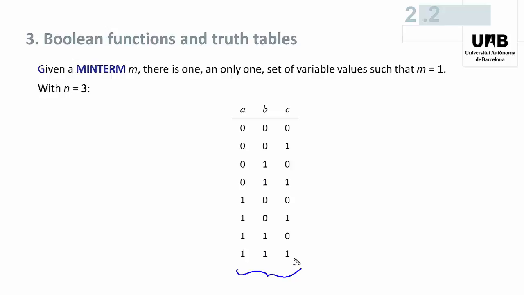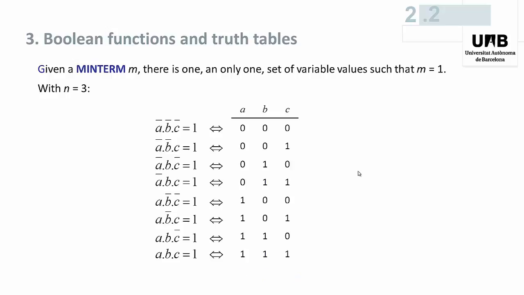A, B, and C, so that you can define 8 minterms and observe that the first one, not A times not B times not C, is equal to 1 if and only if ABC is equal to 0, 0, 0.